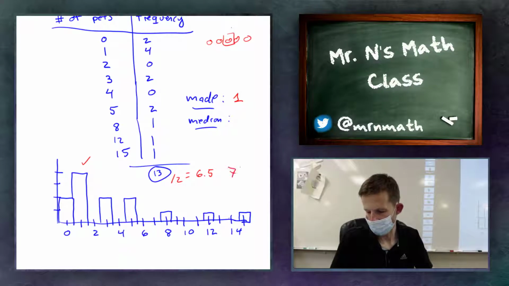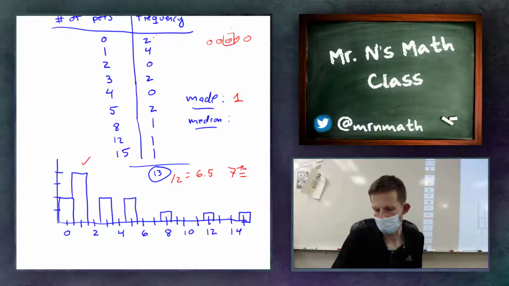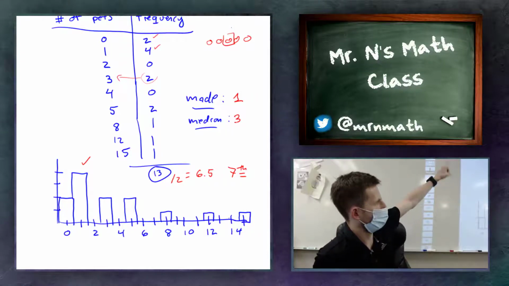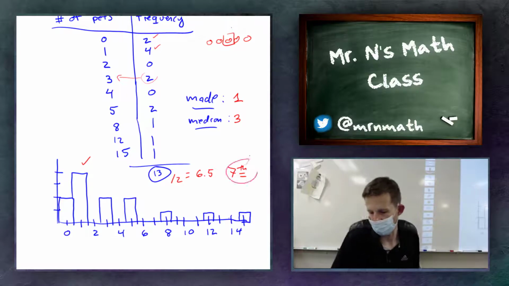How do I find the median? I'm going to find the 7th one. So 1, 2, 3, 4, 5, 6. The median is going to be 3. Basically, I count along until I get to the 7th, and that's my median.